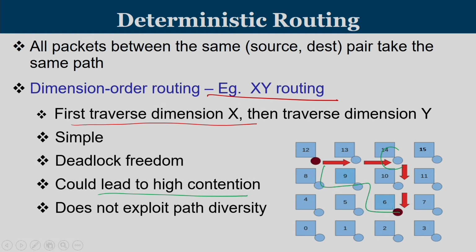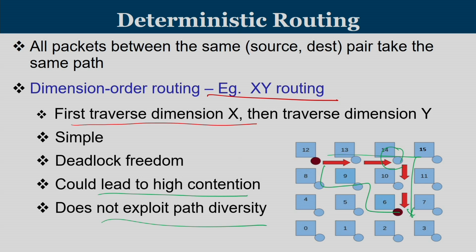There can be other paths like this, but we cannot exploit them. So, any contention in the existing path will delay all the subsequent packets. Path diversity is not there. We cannot exploit path diversity. So, contentions will occur, and as long as you use XY routing, there is no way out.